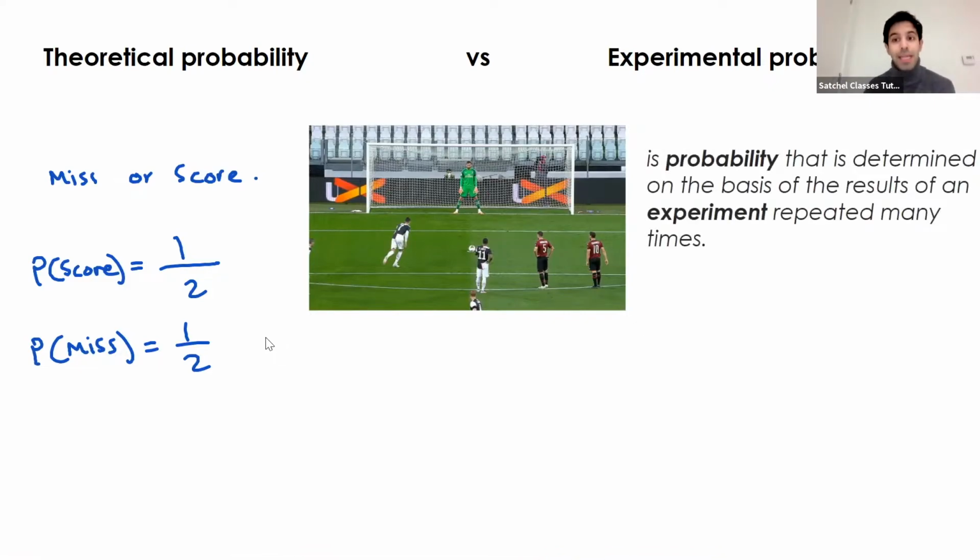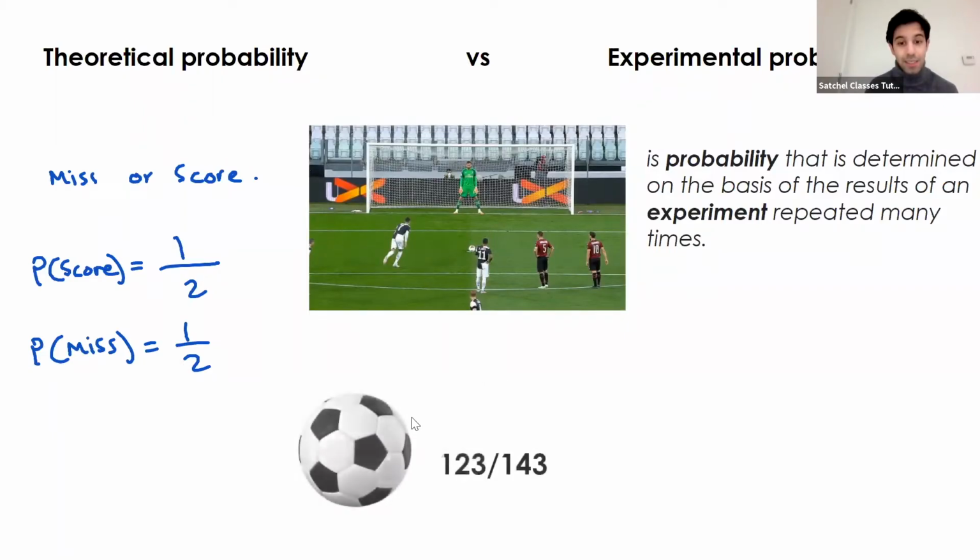That's the probability that is determined on the basis of results of an experiment repeated many times. So for us to be able to accurately estimate the probability of Ronaldo scoring, we would need a lot of data, or we would have needed Ronaldo to have taken a lot of penalties, and based on the number of penalties he had taken, we could then estimate the probability of him scoring.